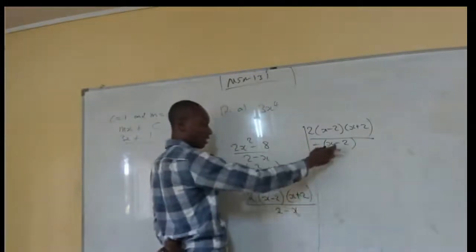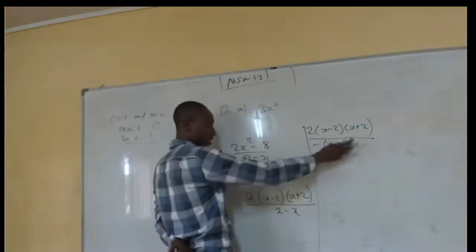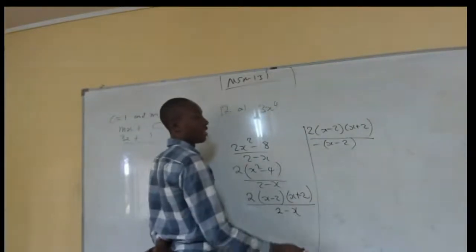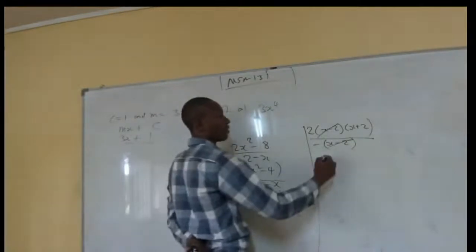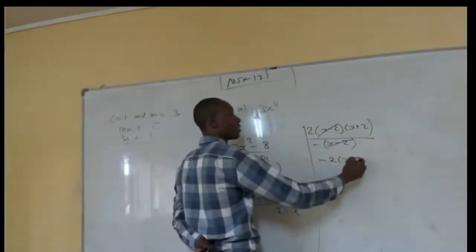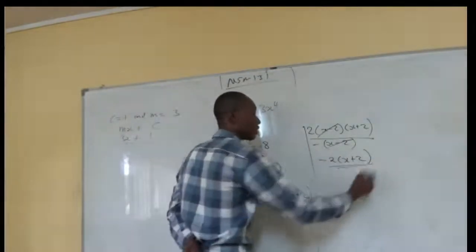If I multiply this, this will be negative x. If I multiply this, this will be positive 2, so I have not changed anything. So this and this will cancel, so now we have negative 2 times x plus 2 as our final answer.